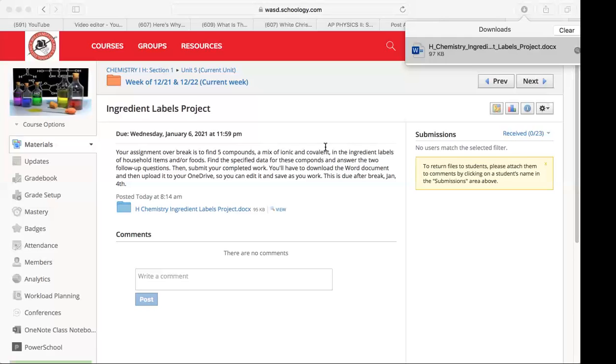Find 5 different compounds that you can write formulas for, from food products, cleaning products, toiletries. You'll find plenty. In fact, you might get 5 just from 3 different products or 2 different products. This is not a SharePoint document. You download it, edit it, and then re-upload it, because there were some technical issues that students had in another class, because this was assigned in a different course a little bit earlier.